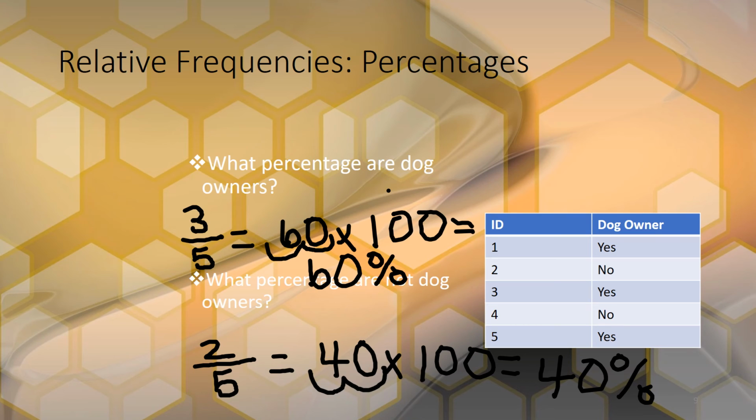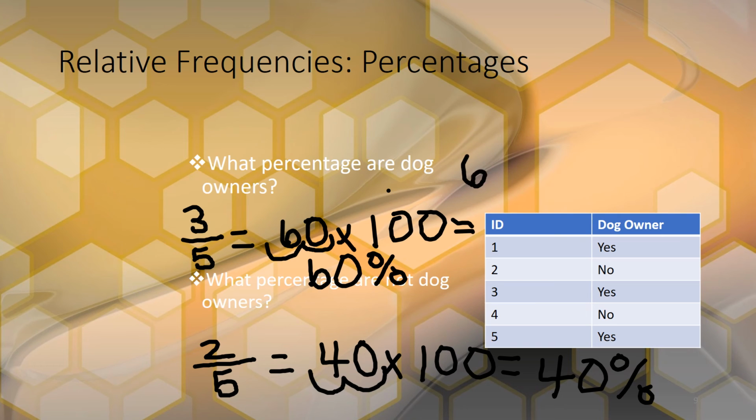Remember I said percentages can go from 0 to 100%, and that's true. 60% and 40% are in that range. I also said if you add them up, it'll equal 100%. So if you add up each of the percentages for all the categories, there are 2 categories for this example, dog owners and not dog owners. And so if we add those 2 percentages up, we'll get 100%.